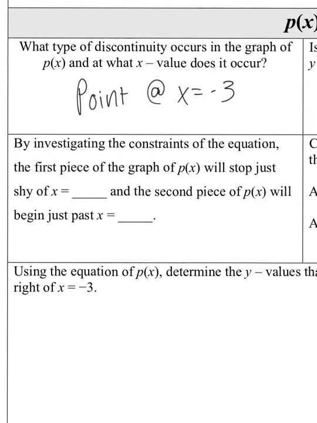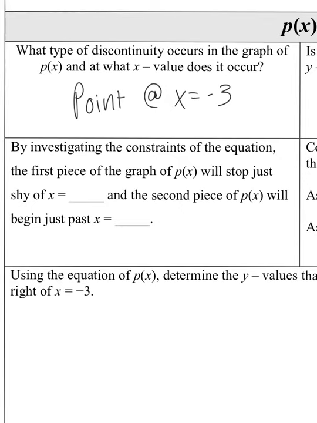So by investigating the constraints of the equation, the first piece of the graph will stop just shy of x being -3. And this should be the third piece, not the second. And the third piece of P of x will begin just past -3 because we do indeed have that point. All right.